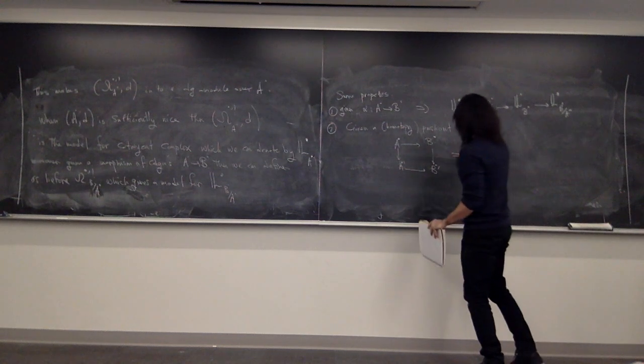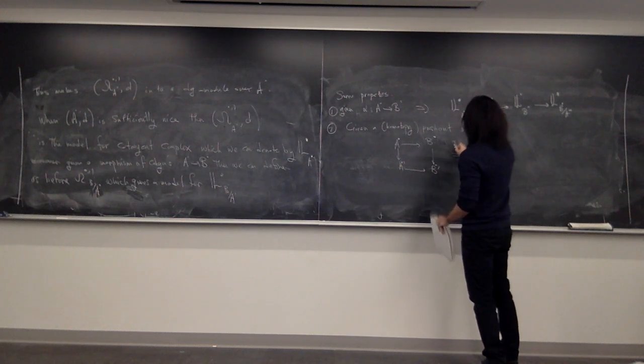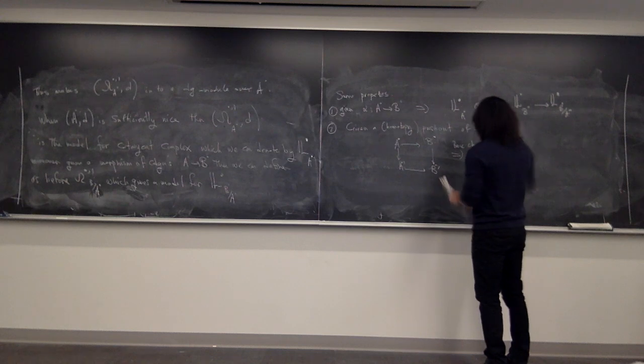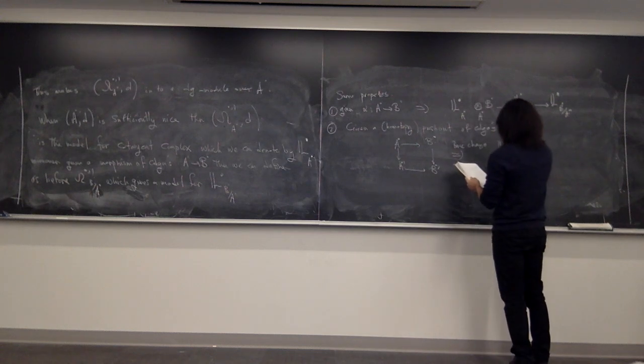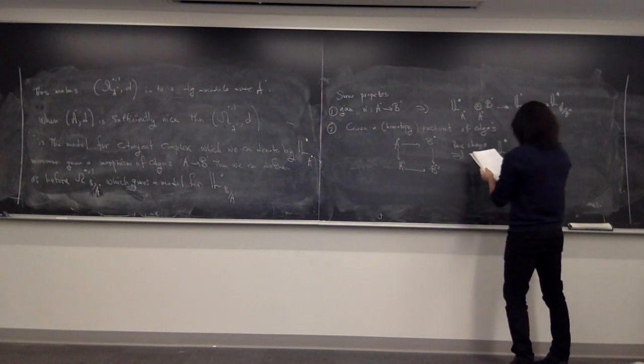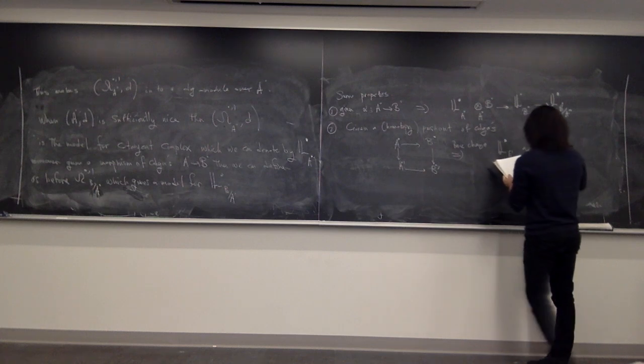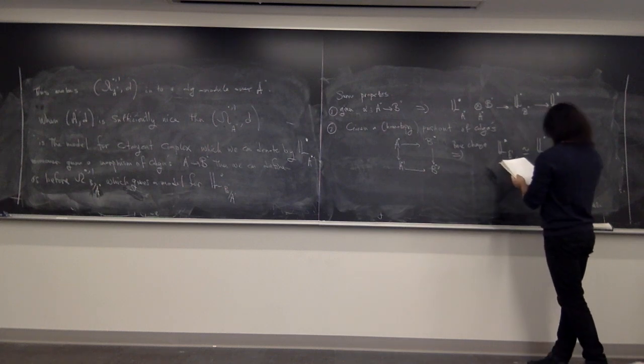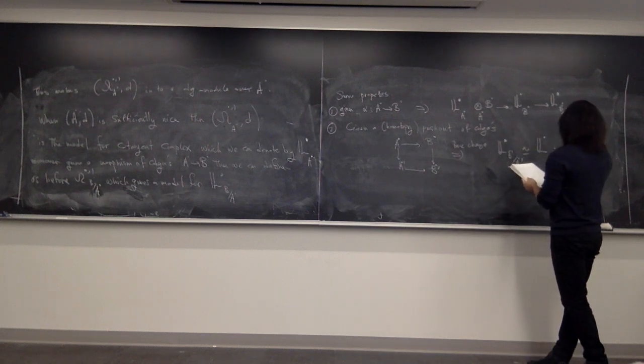This induces a base change: L dot of B prime over A prime is going to be quasi-isomorphic to L dot of B dot over A dot tensored over B dot with B prime dot.